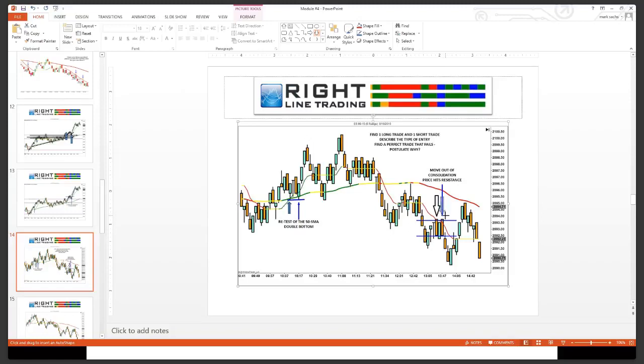But if for some reason you miss this first entry, and there's no reason why you should, everybody should be in that trade. But that's a bread and butter trade. And like I said, not every bread and butter trade works. I would say 80% or more do, and this is one that almost doesn't work. But it comes back all the way on you 9, forms this perfect tweezers formation, and blows down.